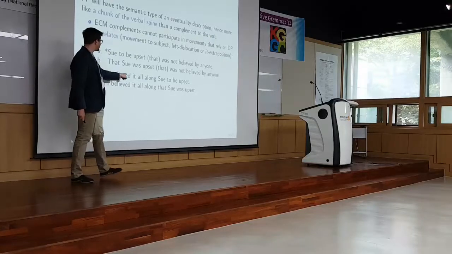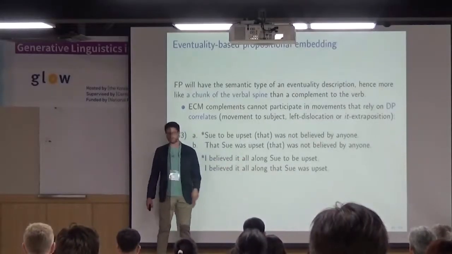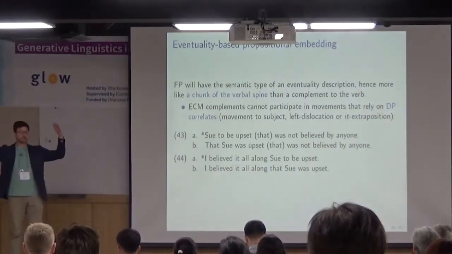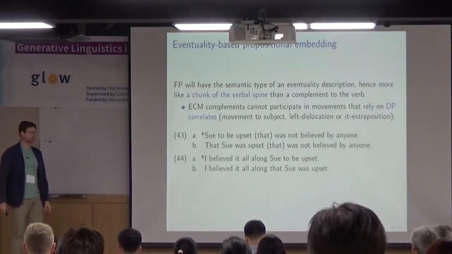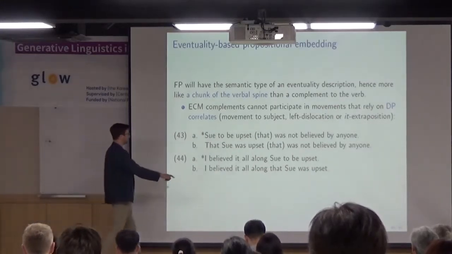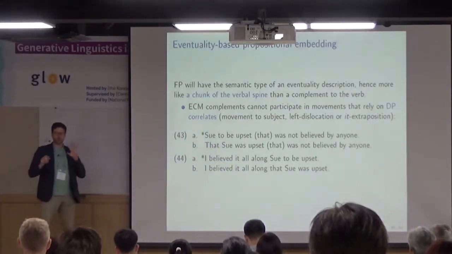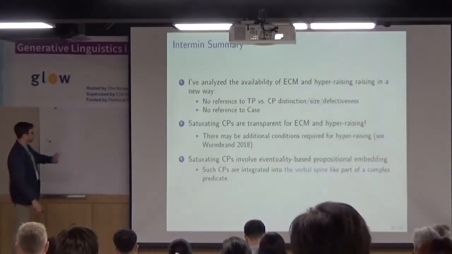Like, I believed it all along Sue to be upset is no good, but I believed it all along that Sue was upset. So ECM clauses, you can think of them as more eventy and verby, and they can't associate with a nominal expletive, whereas the finite that clauses are happy to. Nothing I've said totally explains that, but it's going to be a nice thing to see in a second. We're going to skip that.